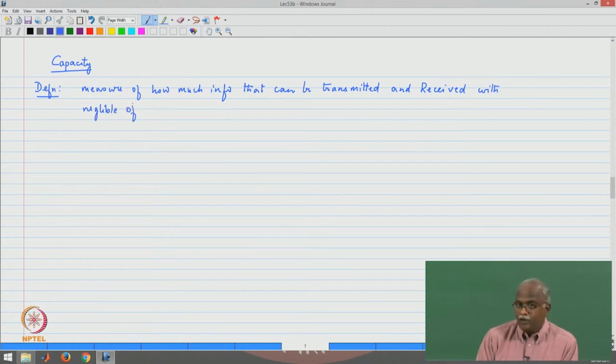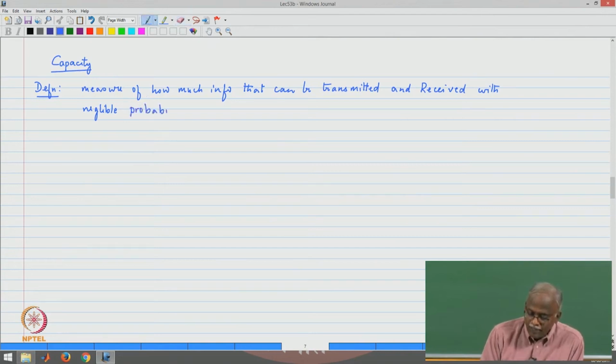Okay, so that is our definition, and I am sure when you have studied the basic concepts in digital communications and in information theory, this would have been a definition that was studied. So, negligible probability of error.